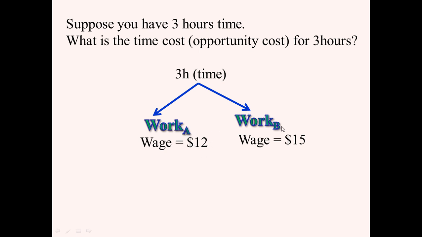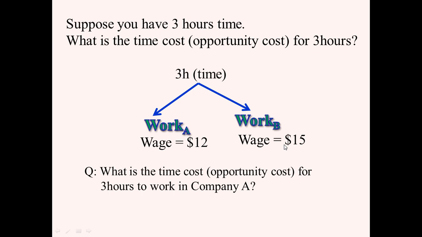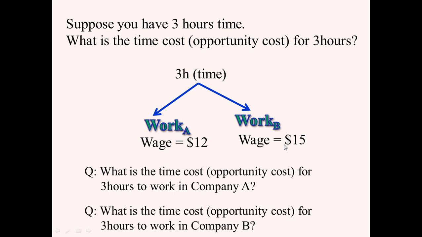If you work in B, B will offer you $15. So question: what is the time cost, the opportunity cost, for 3 hours working in company A? What is the opportunity cost for working in company B? If you can answer correctly, it means you understand the definition of opportunity cost.